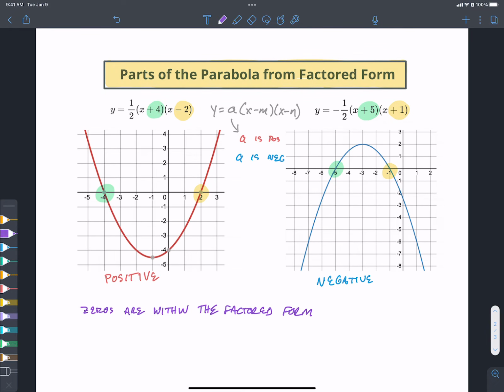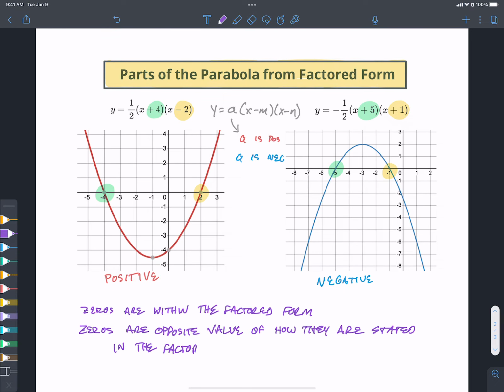So it seems as though the zeros are within the factored form, and that the zeros are the opposite value of how they're written in the factored form. We're going to get into more of this in another video, but they are the opposite value of how they are stated in the factored form.